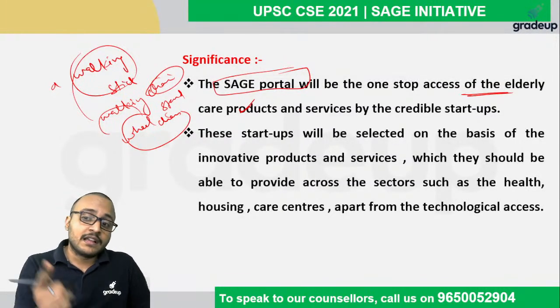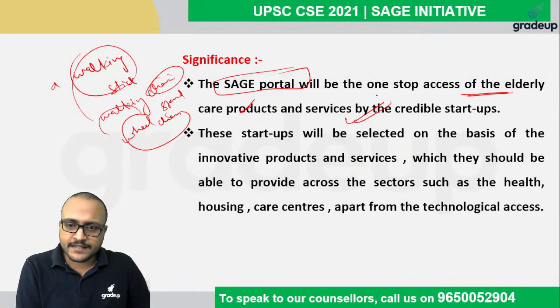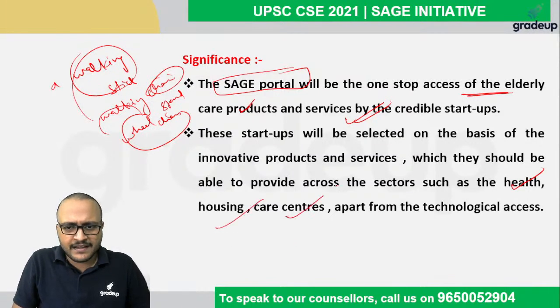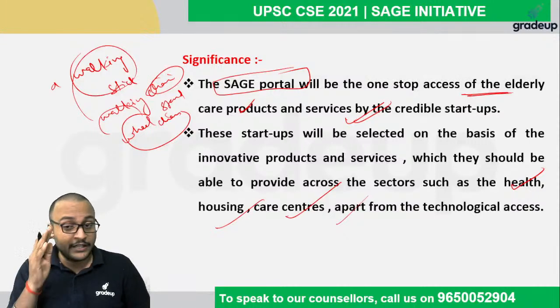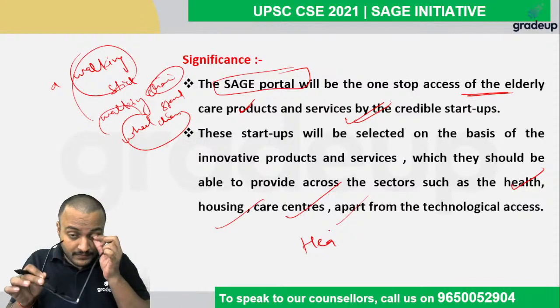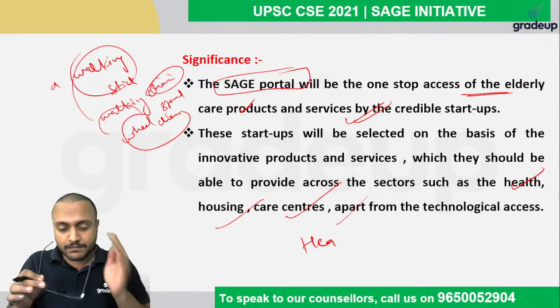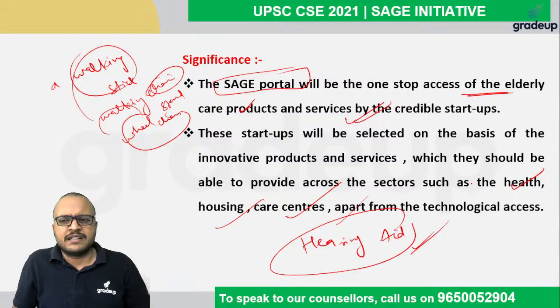Okay. Apart from the products, if we talk about the services, services like what? Related to health services, housing, care, right, and even technological access. For example, a very simple thing, the hearing aid. Guys, a hearing aid is something that I think is required by many elderlies in our country.